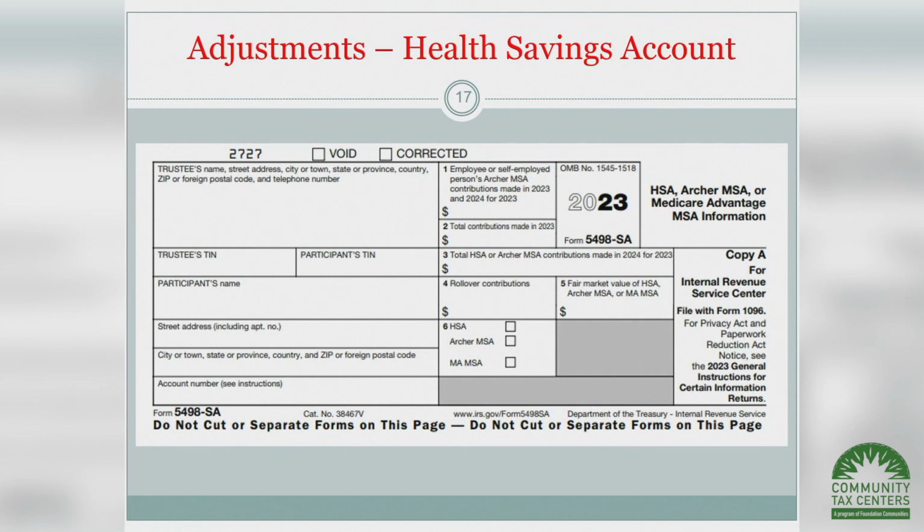Okay? And you don't really have to worry about that amount because it would have shown up on the W-2 and TaxSlayer would have automatically included it in the tax return.